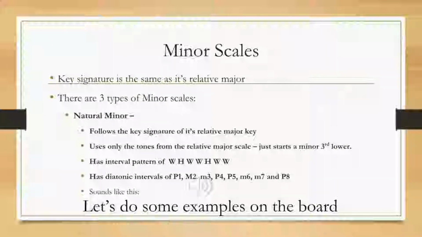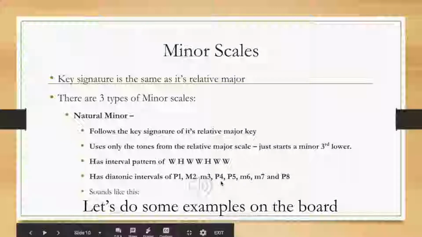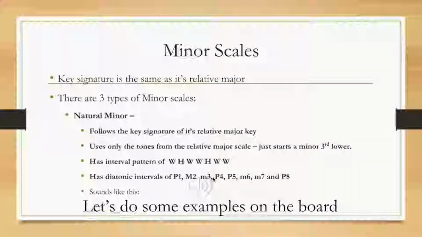If you go from the first to the second, we had a major second, then a major third, perfect fourth, perfect fifth, major sixth, major seventh, and a perfect eighth. For the minor scales, we've still got the perfect first and the major second. See right here? But then we replace the third with a minor third. So we lower it by a half step.